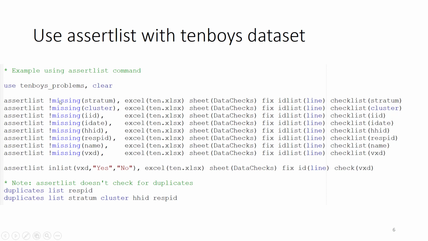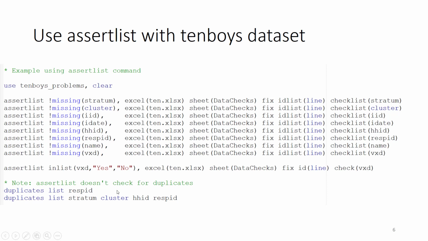So these lines are all alike, and then the last line is a little bit different. Here we're testing our expectation that the vaccinated variable should either be yes or no, and we're using the Stata inlist command to do that. And if it's not either yes or no, then we want to send the value of it to this sheet, and we want to have the opportunity to fix that variable.